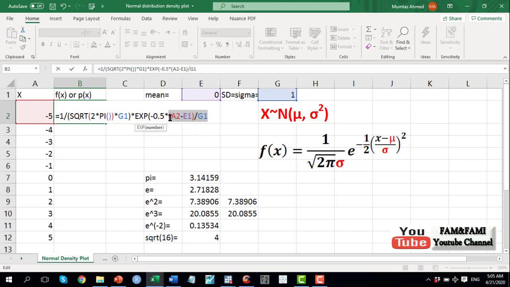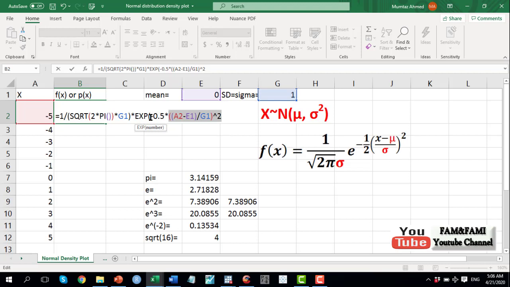In order to take the square of this highlighted portion, add one more parenthesis at the start and close it here. So we have enclosed this whole thing within parenthesis, and now we want to take the square of this whole expression. So put the power sign and then 2. This completes x minus mu over sigma whole square, and then this whole thing is being multiplied with minus 1 by 2 or minus 0.5.